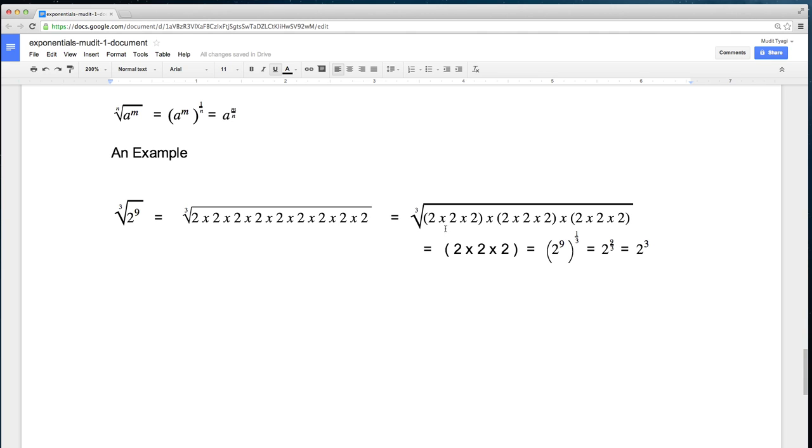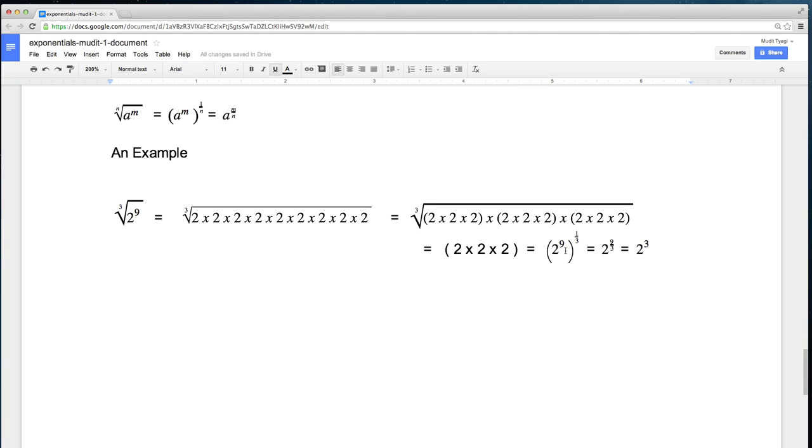What I did here is I rewrote it where we have the cube root of 2 times 2 times 2, and I put that in a bracket, which is then multiplied by itself and then multiplied by itself one more time. And you can see that the cube root of 2 multiplied by itself 9 times is simply 2 multiplied by itself 3 times.